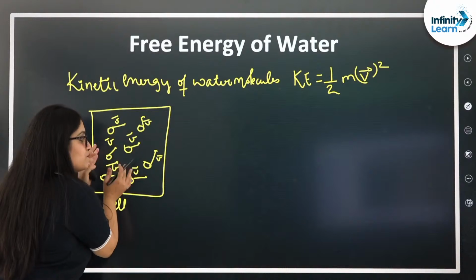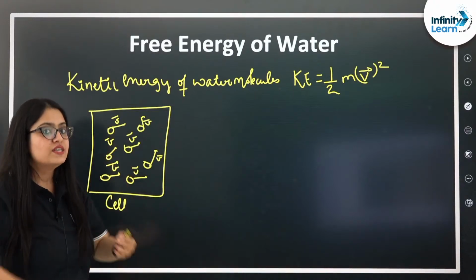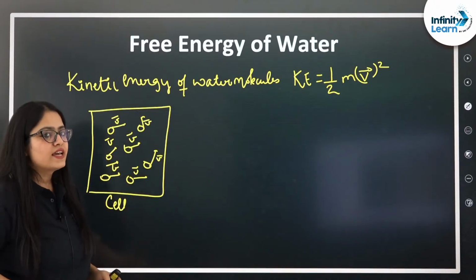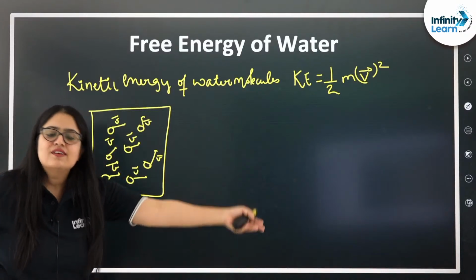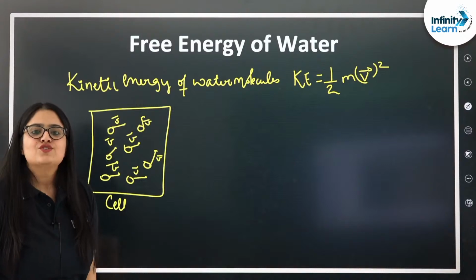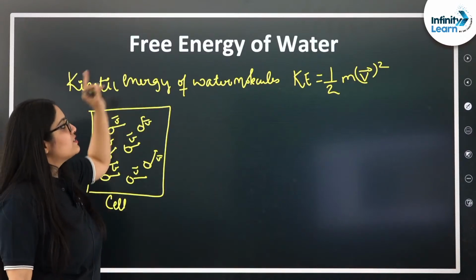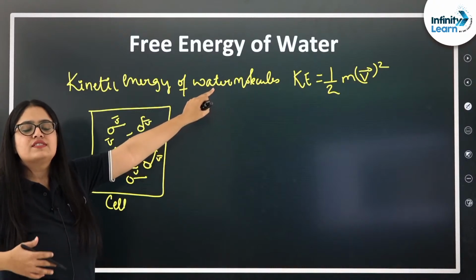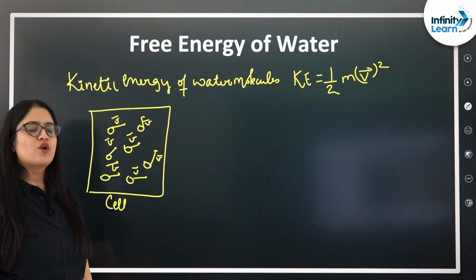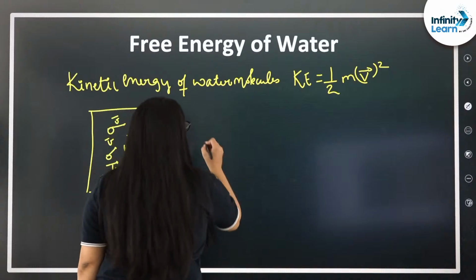Since these molecules are in motion, they have the ability to move from one point to another within a cell or from one cell to another. Hence kinetic energy increases the ability of the water molecules, increases the potential of the water molecules.